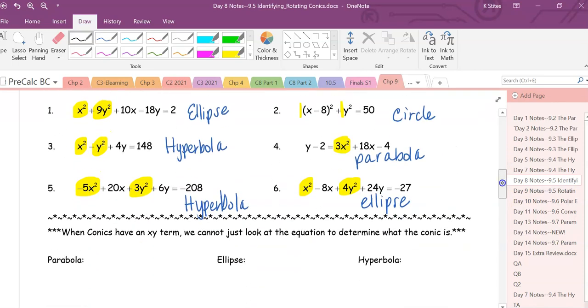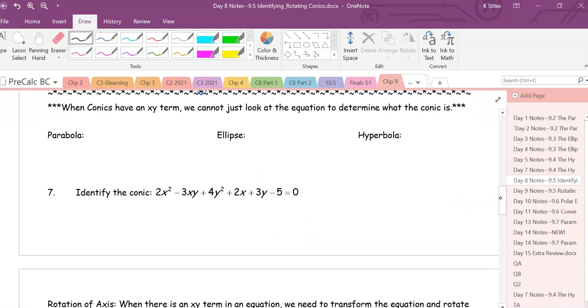All right, so now we're going to talk about this xy term, which was above with letter B. So when conics have an xy term, unfortunately, you cannot just look at the equation to determine what the conic is. Instead, we are going to use b squared minus 4ac, which you should recognize from the quadratic formula. Don't worry, we're not going to do the quadratic formula right now, but you do need to know b squared minus 4ac.